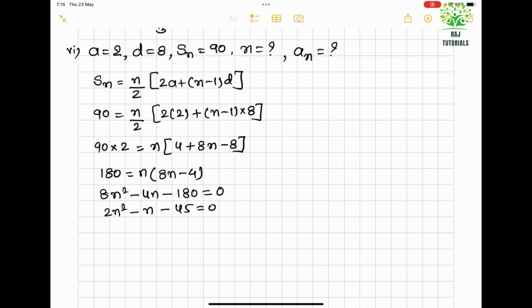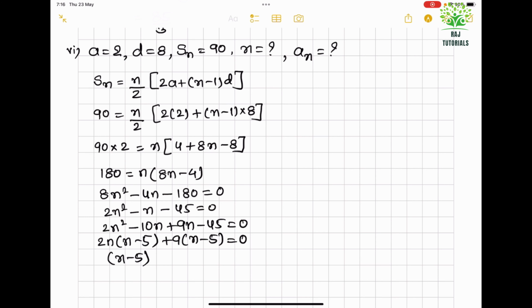So 90 is such a factor whose sum is 1. So 10 and 9. So 2n square minus 10n plus 9n minus 45 equal to 0. So 2n into n minus 5 plus 9 into n minus 5 equal to 0. So either n minus 5 or 2n plus 9 equal to 0.